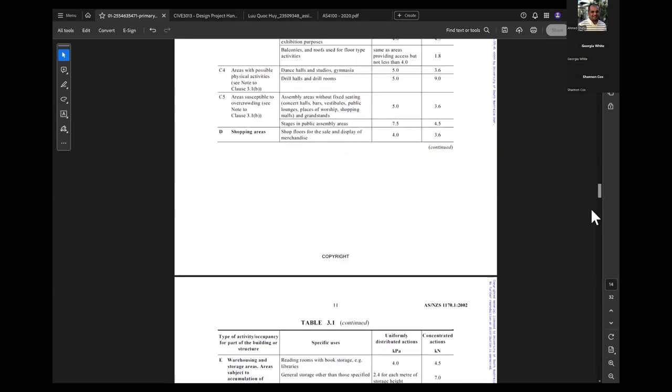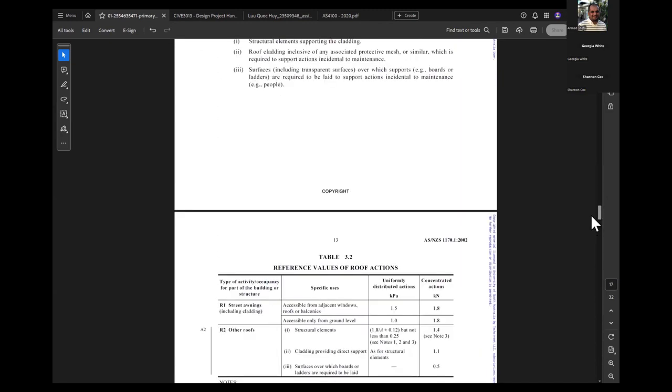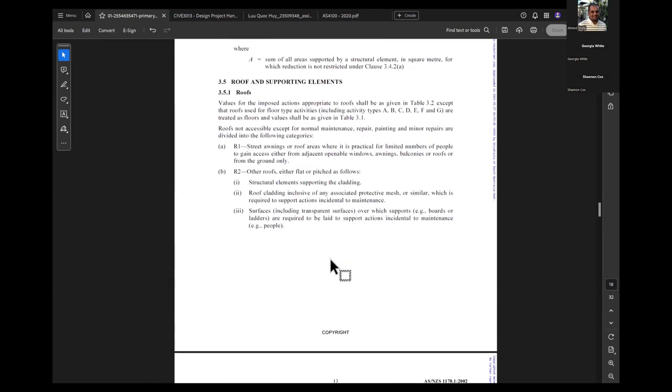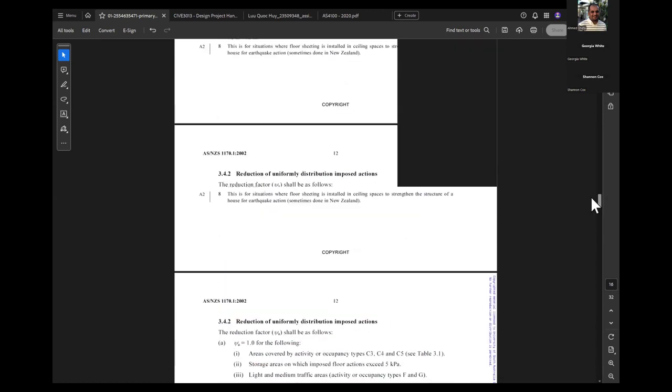It is not similar to this one here, which is not the one we are using in this part of the project. Are you with me or not? Yep. So it cannot be 1.8 over a plus 0.12, because this is roof. So again, we are looking at floor.